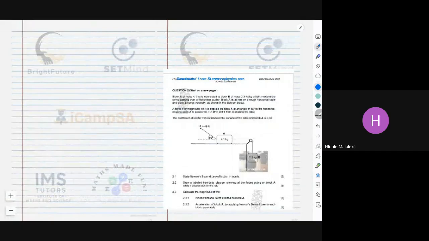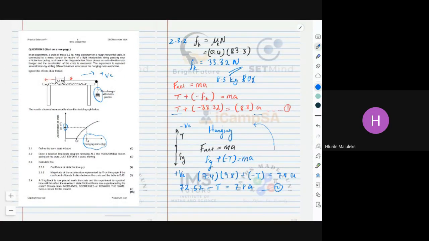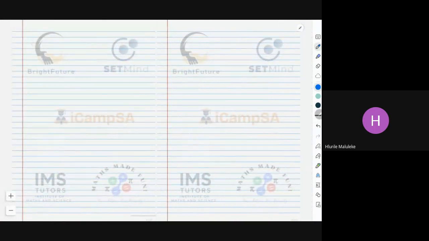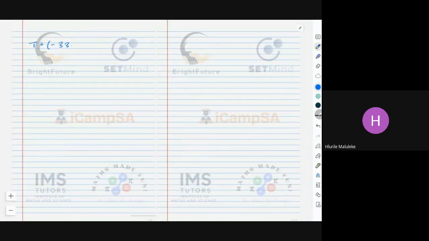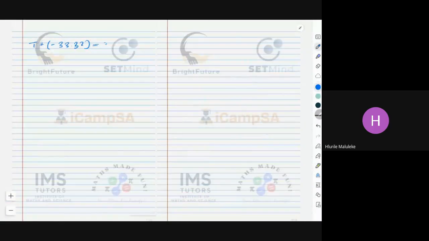So remember, we have this here. So we have T plus minus 33.32 equals to 8.3a. So we make T the subject of the formula.